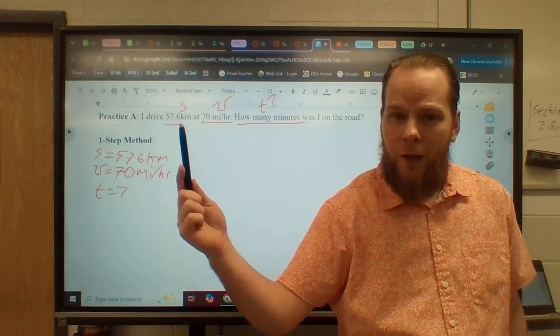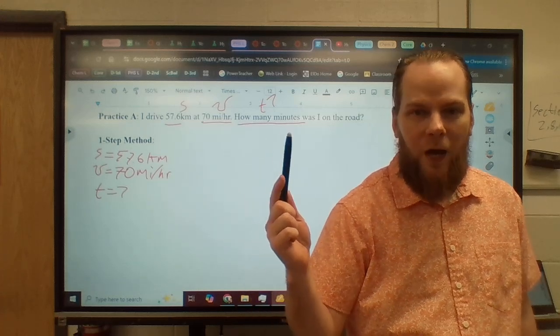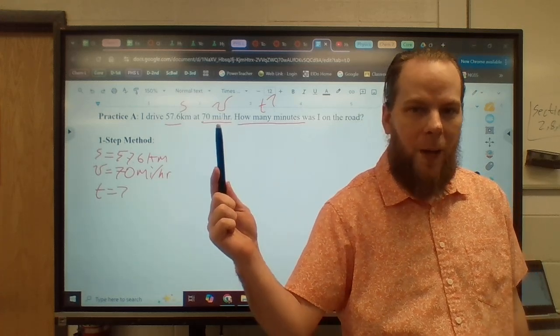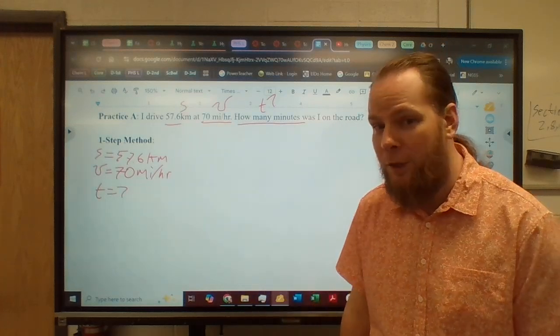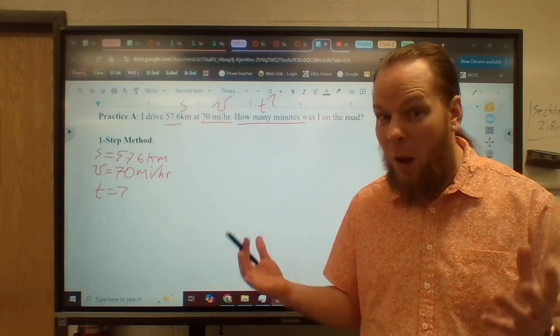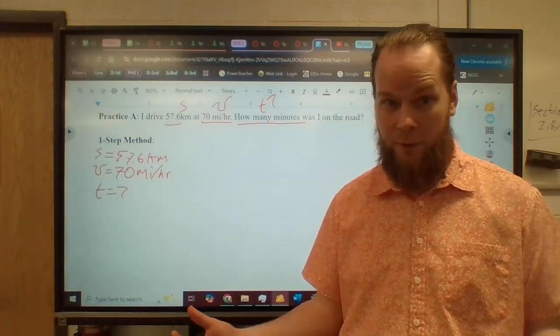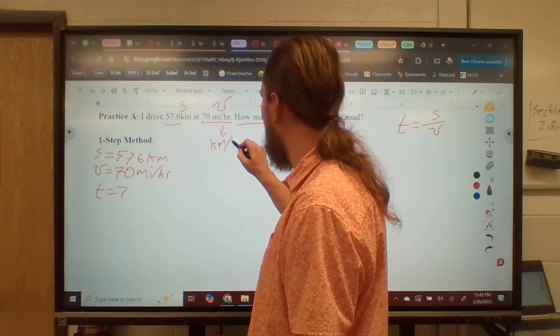And conversely, we need to make the time unit here, hours, match the time unit here, minutes. So we want to convert this from miles per hour to kilometers per minute, which is probably going to be a weird number because kilometers per minute is not something you usually talk about. So we need to convert this to km per min.